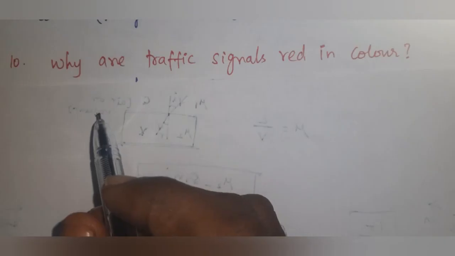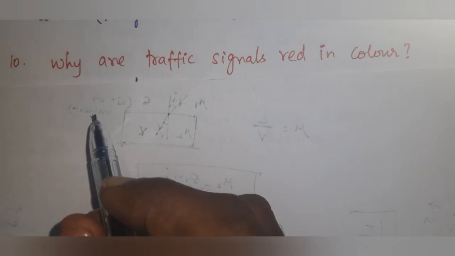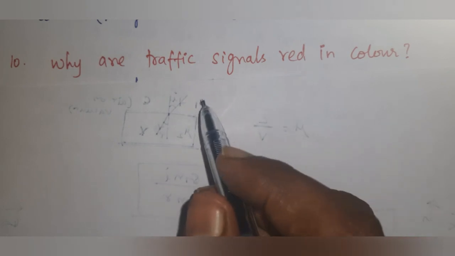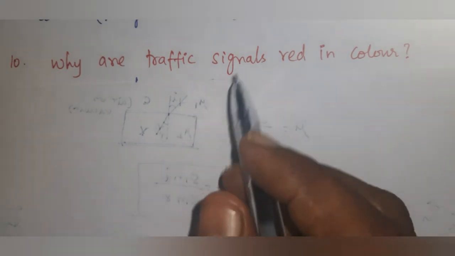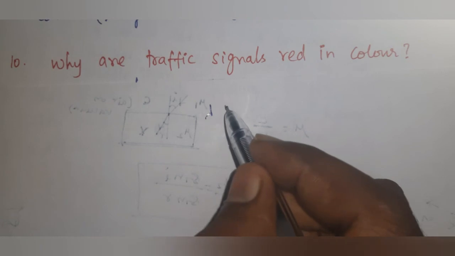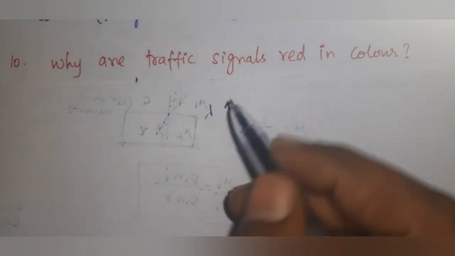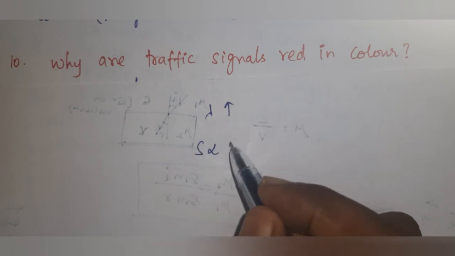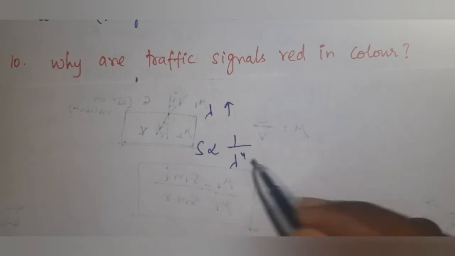Number 10. Why are traffic signals red in color? Red color has a longer wavelength. We know that if the wavelength is maximum, the scattering effect will be lesser, because according to Rayleigh scattering law, S is inversely proportional to lambda power 4.